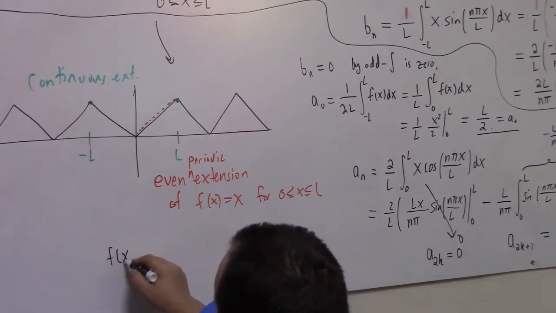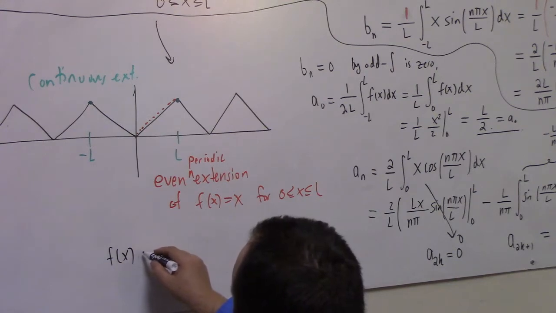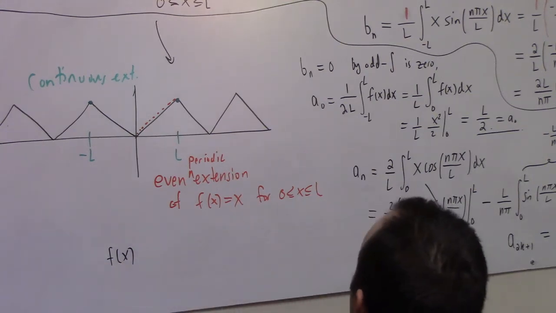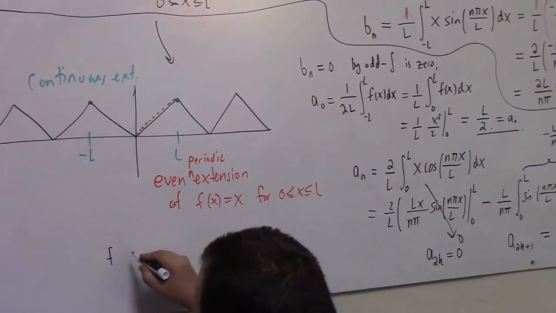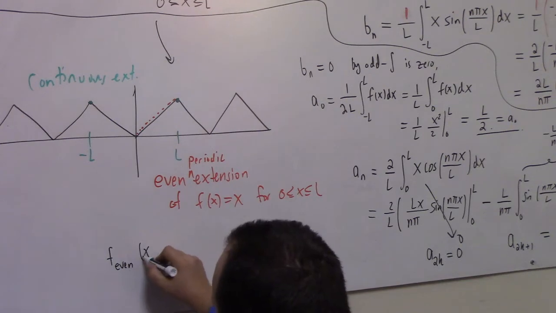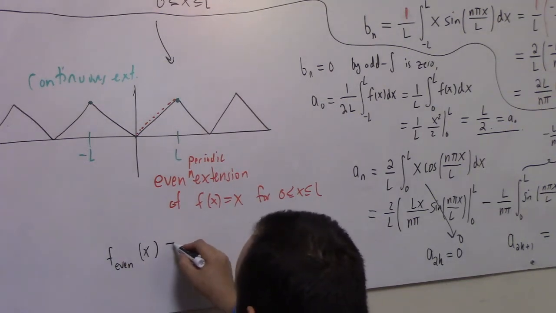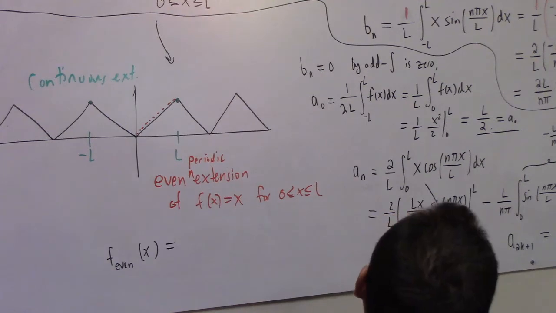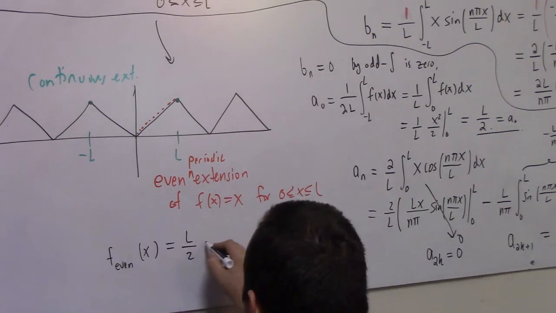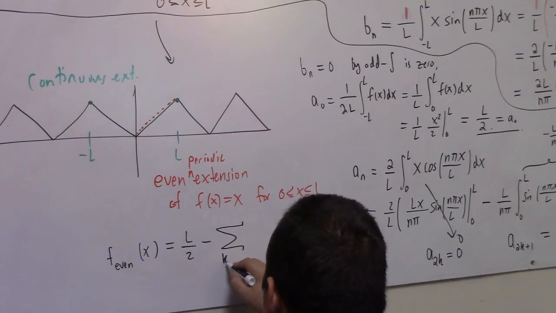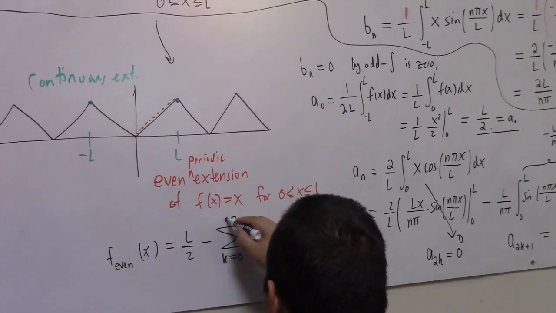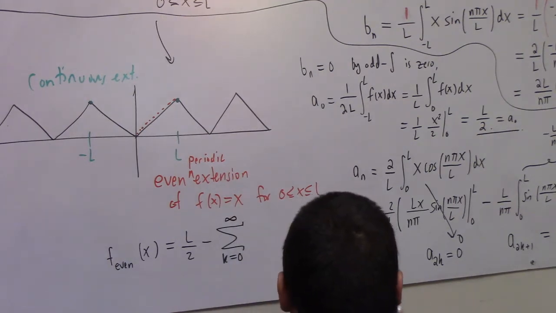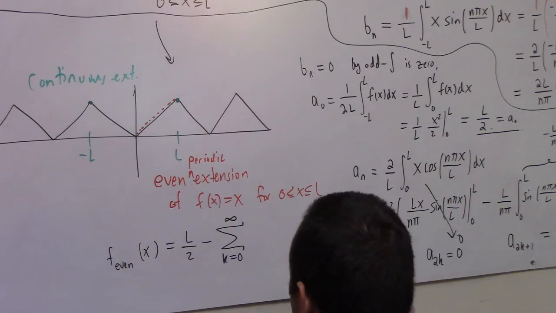We have that f of x is, well, it's not f of x though, is it? We shouldn't really say f of x is equal to this. What we should say is the even extension of f is equal to, what was our a sub naught? L over 2, right? Minus the sum k equals 0 to infinity, because 2k plus 1 starts at 1, so I start at k equals 0.